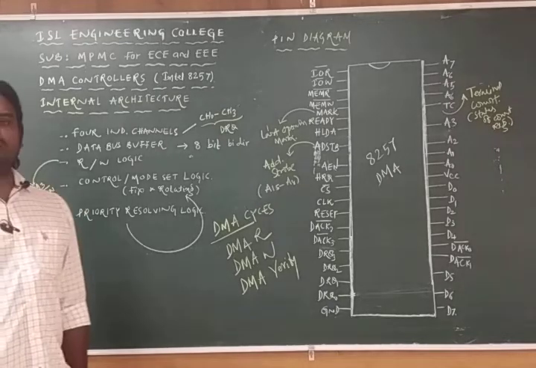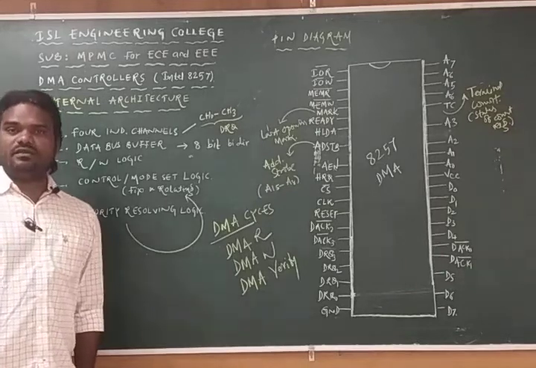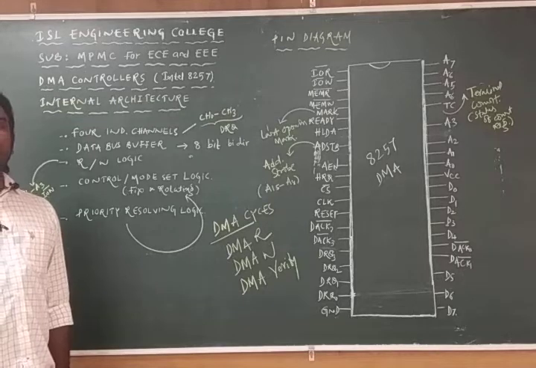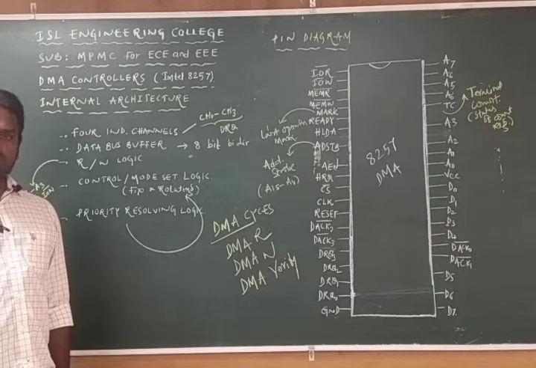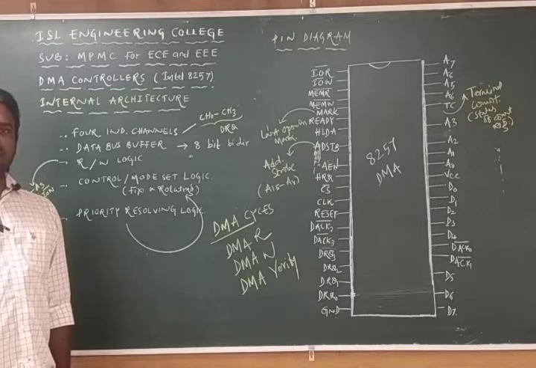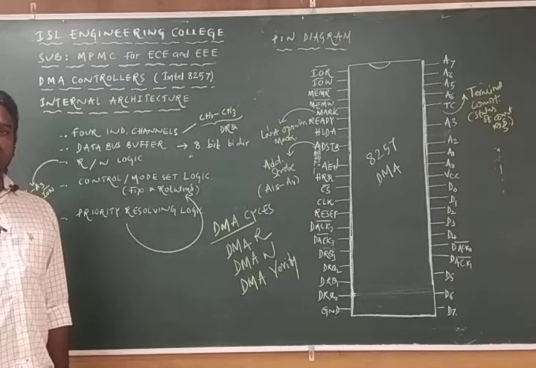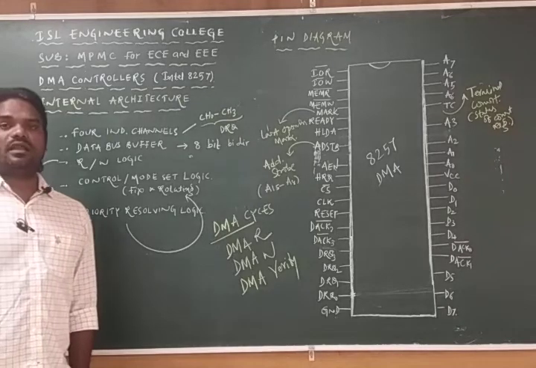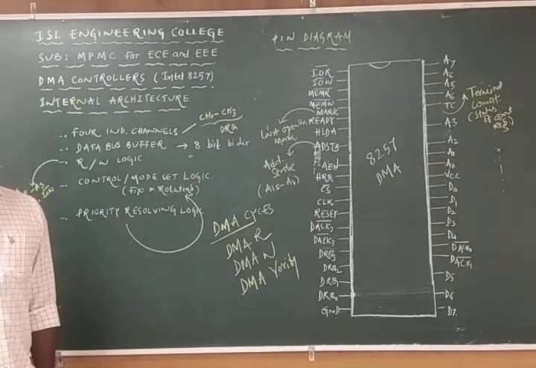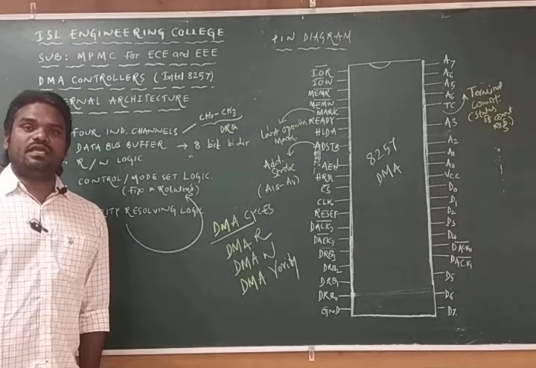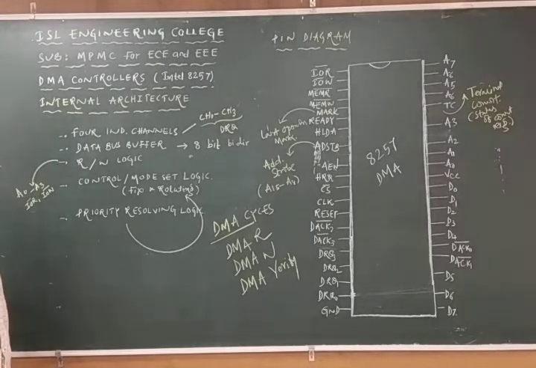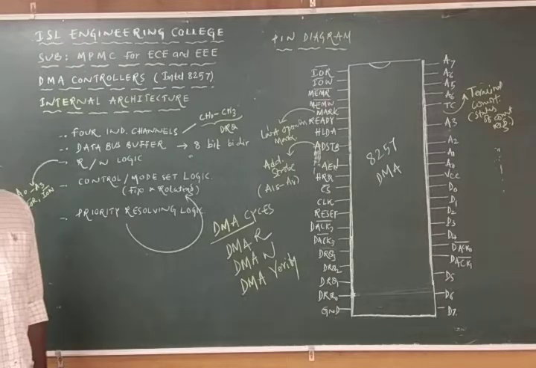In the last class we discussed that 8257 allows the input-output devices to access the memory without interference of the processor, which may be an 8086 or 8085 microprocessor. In the last class I explained the features of 8257. In today's class I am going to talk about the internal architecture followed by the pin diagram.